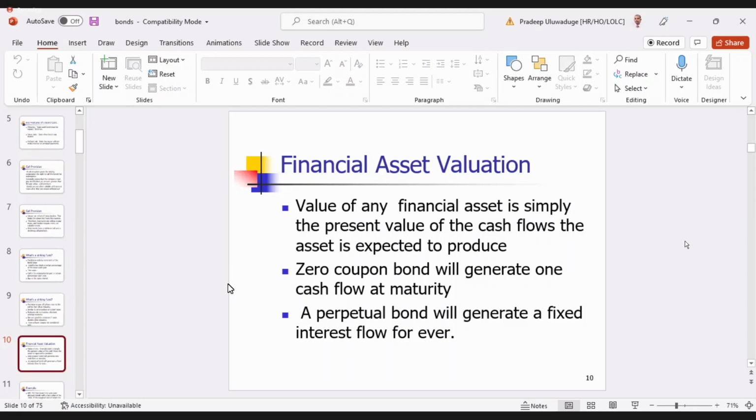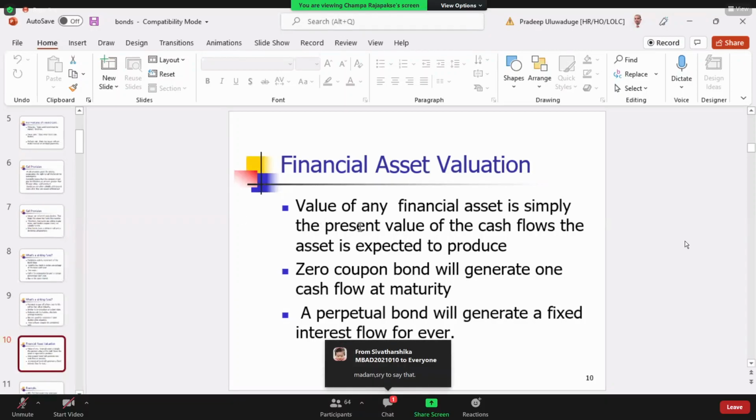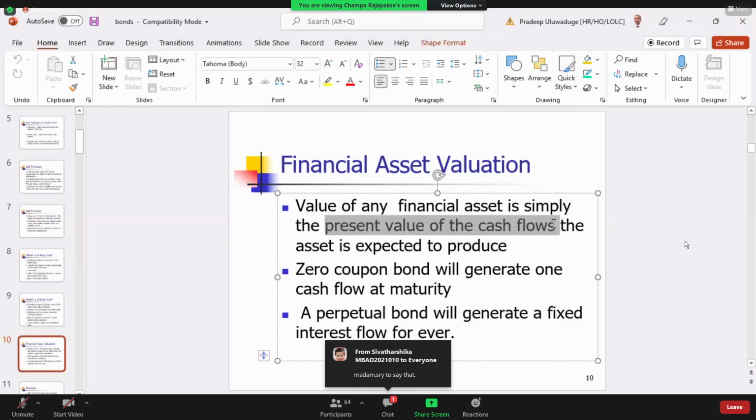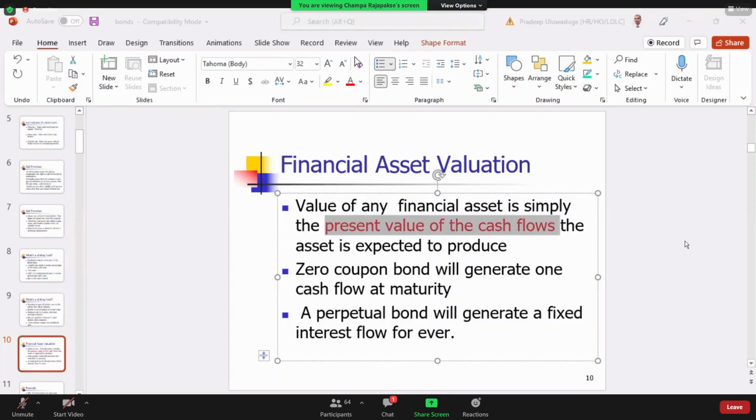Present value of the cash flows that the asset would produce.